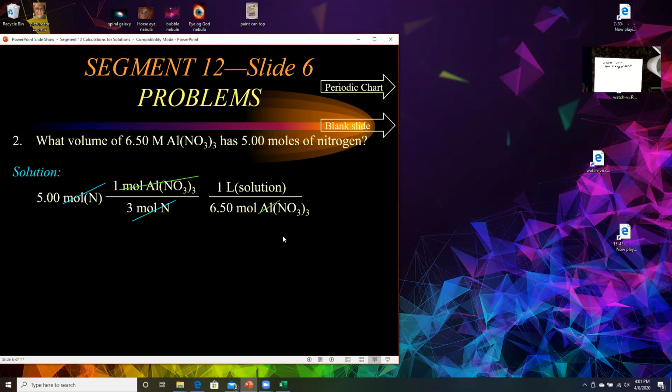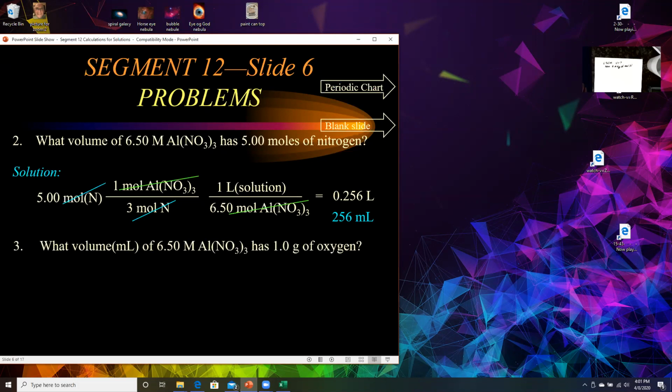So when I do this, this would cancel out. And this would give me the volume in liters that would contain 5 moles of nitrogen. It's 0.256 liters, or 256 milliliters, depending on the way the problem is being reported.